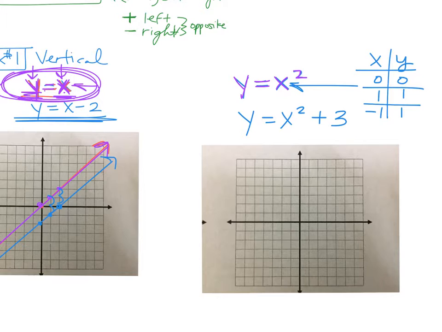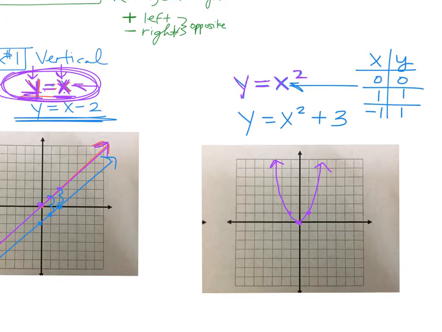Negative 1 squared is 1, right? So your parent function would have points at 0, 0, 1, 1, and negative 1, 1. And x squared is what shape? A U. So you get this U-shaped curve. I don't need all the points, just give me 3 points. So there's your parent function.